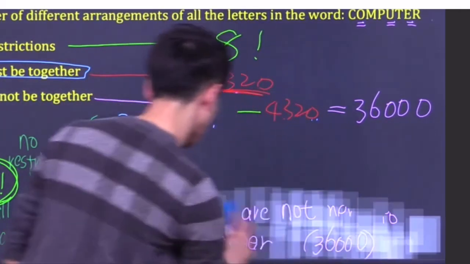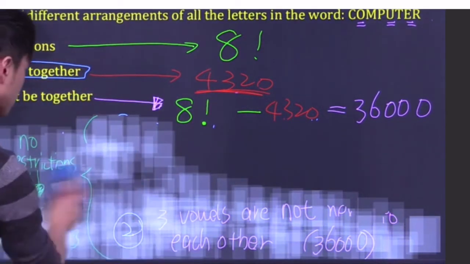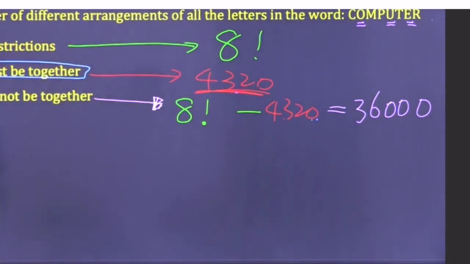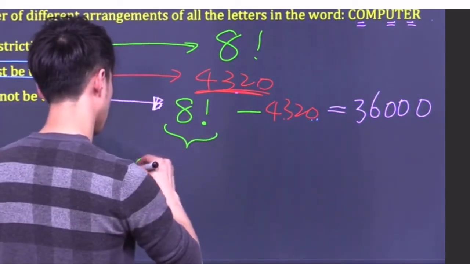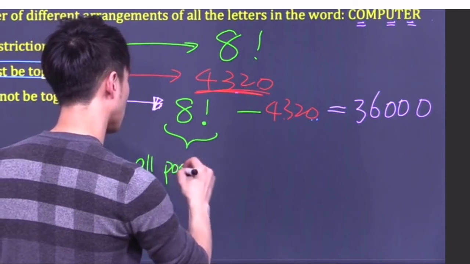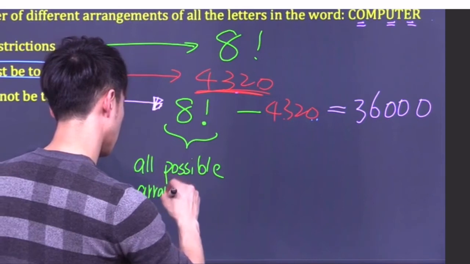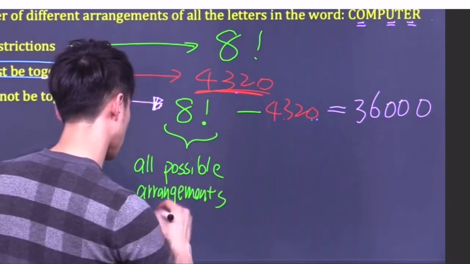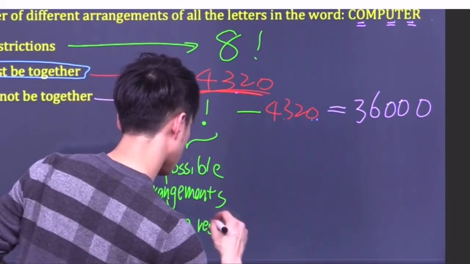Okay, let's make some notes. So the A factorial here represents all possible arrangements with no restrictions.